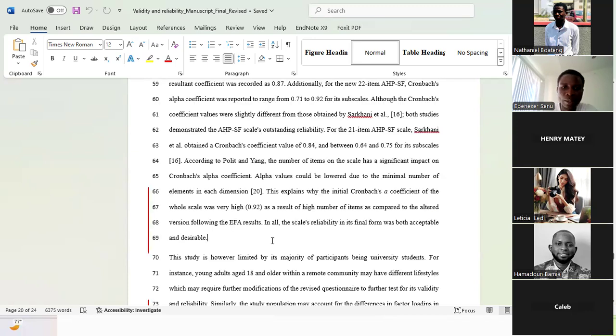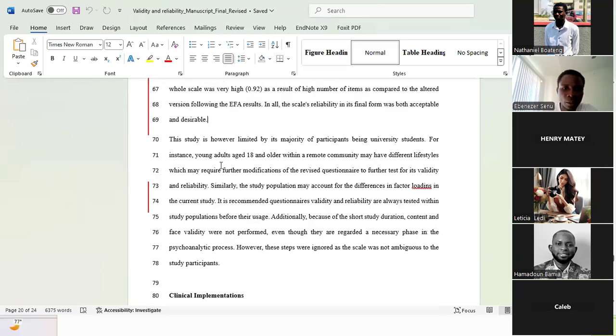Then, as I said, this is a manuscript, so you do not even see subheadings. So you could see that this limitation is at last. This study is however limited by its majority of participants being university students. So although we are validating it in Ghana, we only included what?